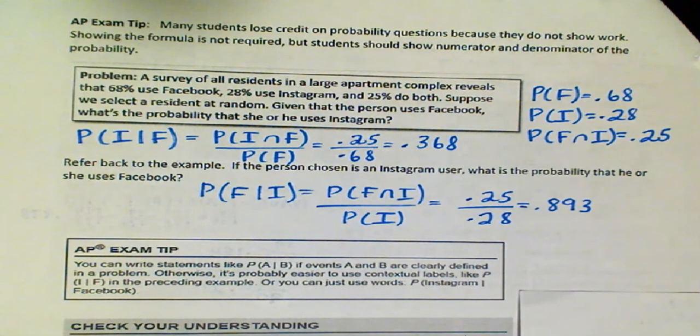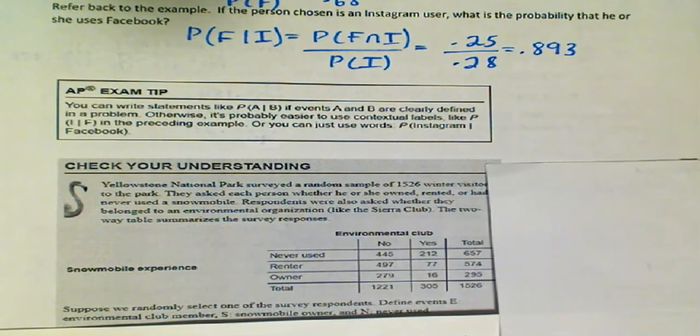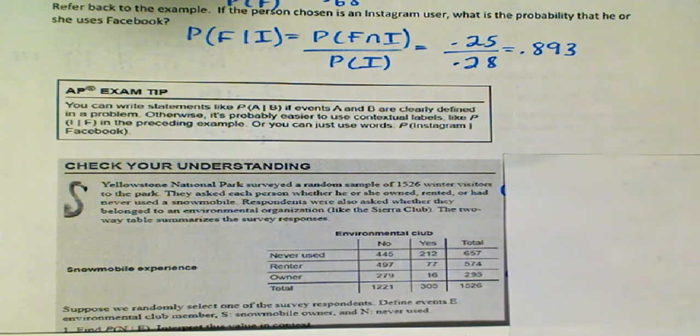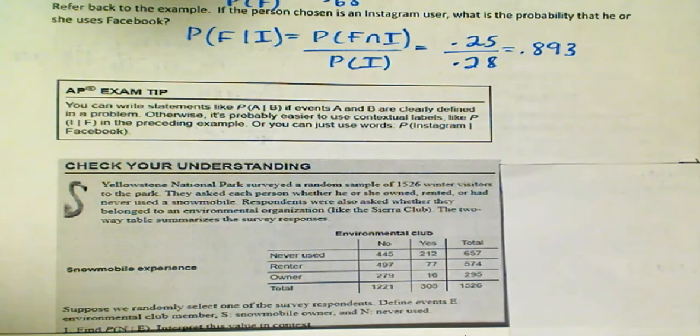Okay, it says Yellowstone National Park surveyed a random sample of 1,526 winter visitors to the park. They asked each person whether he or she owned, rented, or had never used a snowmobile. Respondents were also asked whether they belonged to an environmental organization like the Sierra Club.